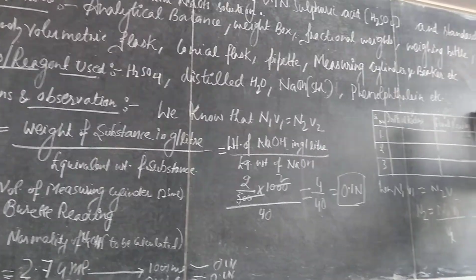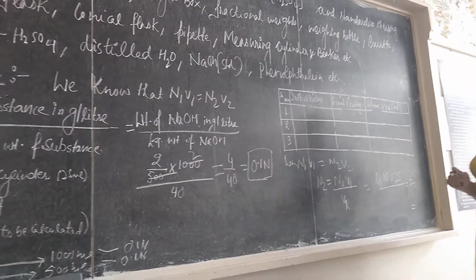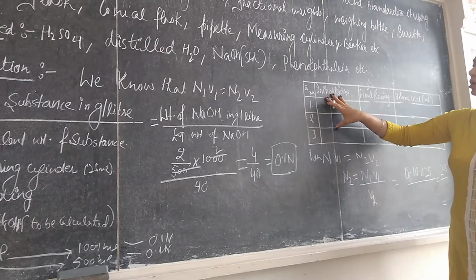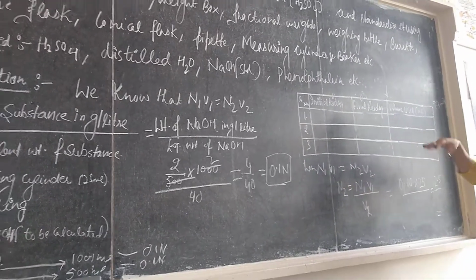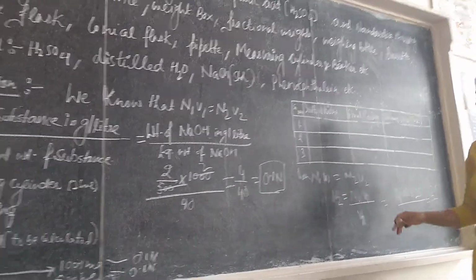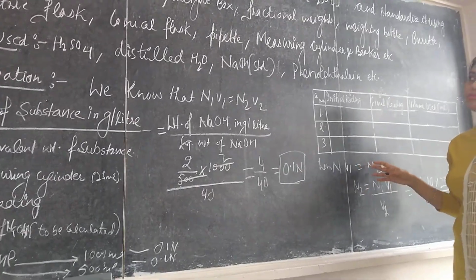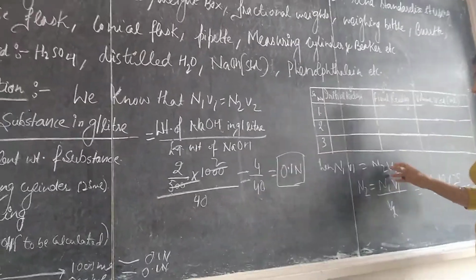There is a calculation table for the burette. Here we note the initial reading, then our final reading, then the volume used. Then we will calculate our normality using this equation.